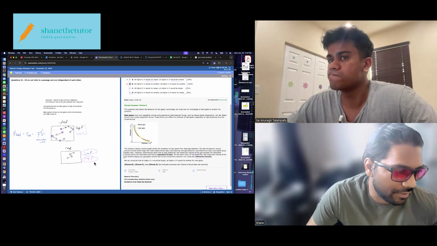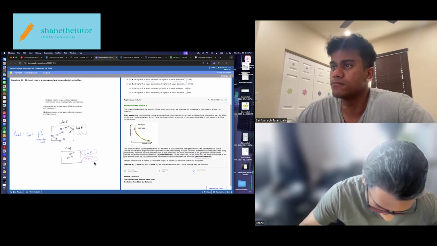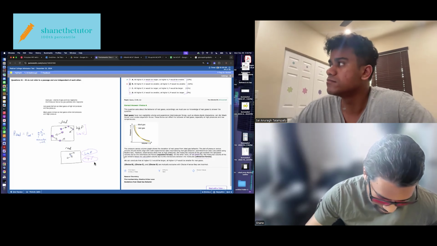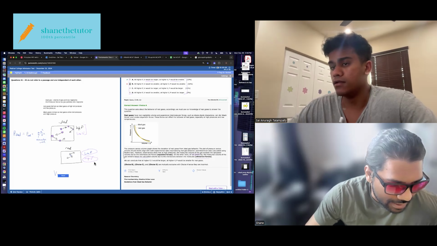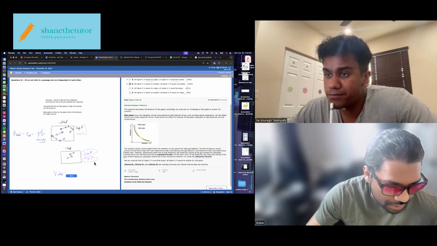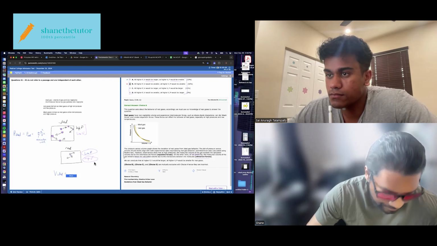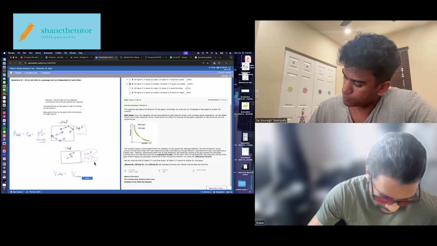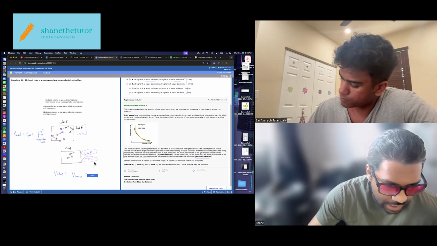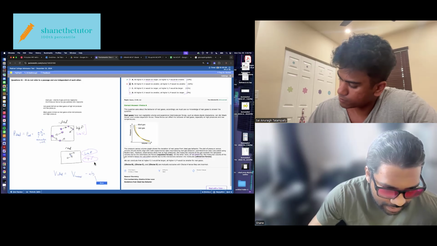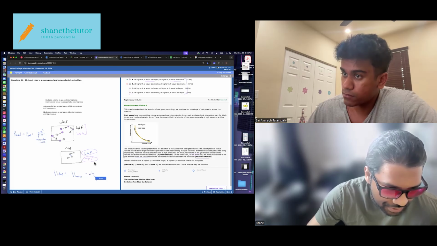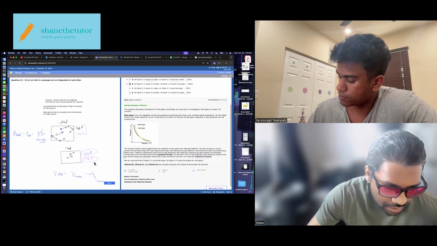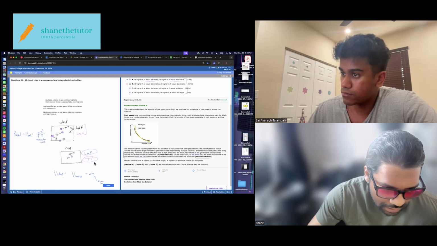And the formula for that would be: volume ideal is equal to the volume of the container minus nB. And this B is this thing called the bigness coefficient.